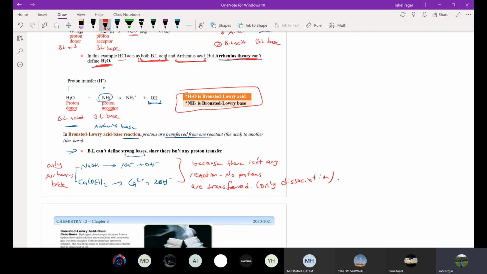Since there isn't any reaction and there isn't any transfer of proton, that's why these examples are strong bases.